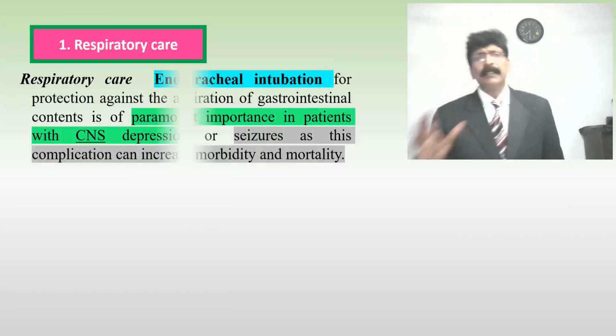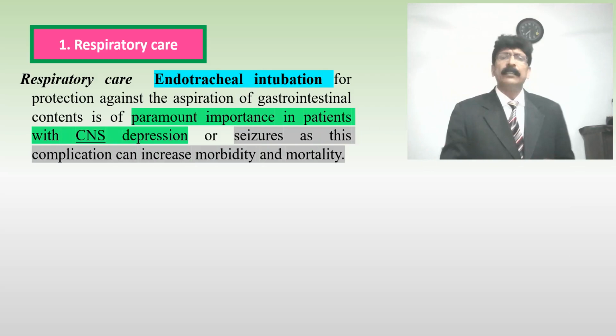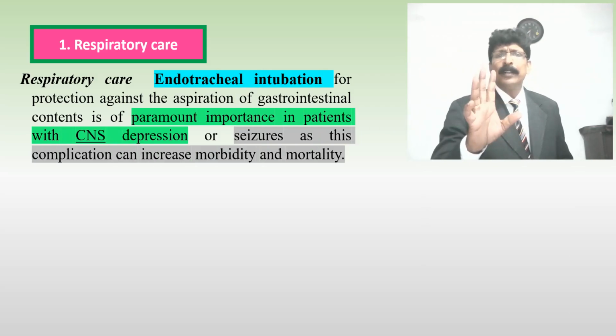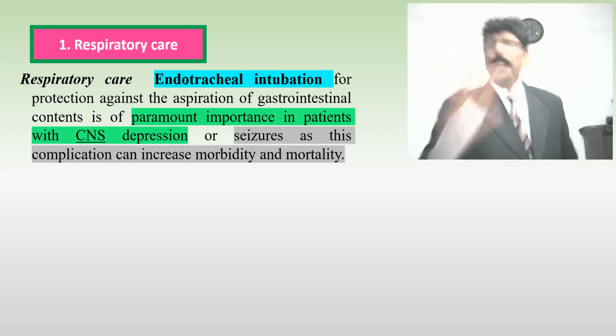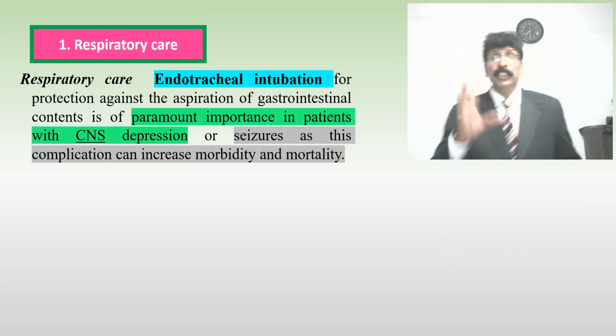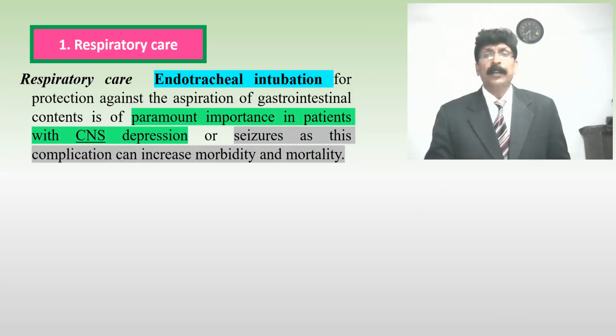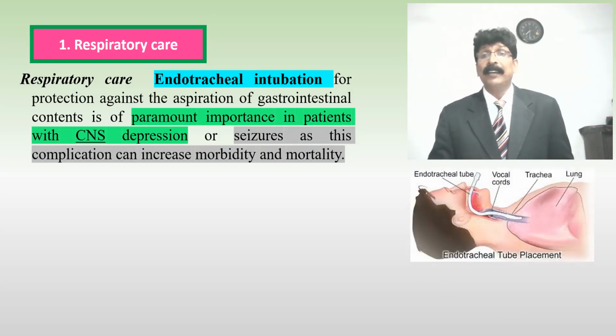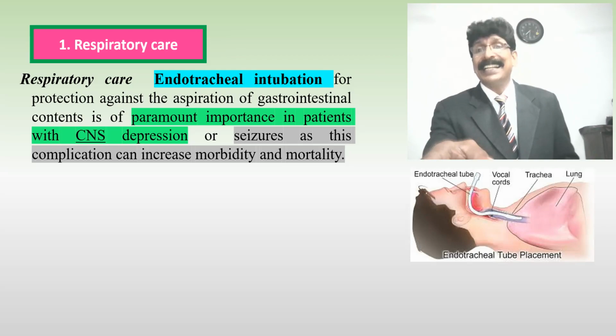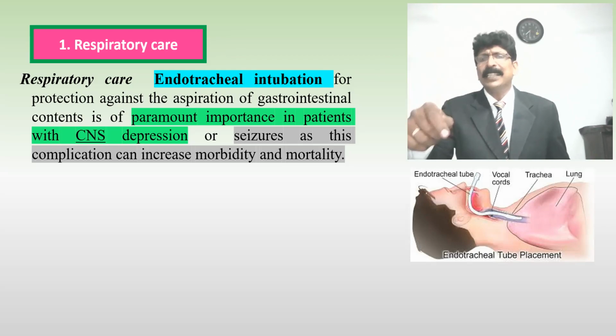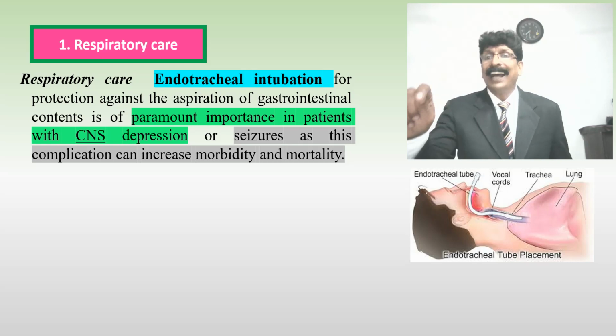Respiratory care: you can see endotracheal intubation. You have to know about this procedure very clearly. You can see the endotracheal tube inserted through the mouth into the tracheal area, past the vocal cords, toward the lungs.